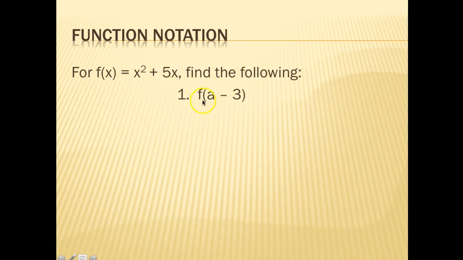So let's find the following. What if we substitute an expression, a minus 3, in for x? So f of (a minus 3) equals (a minus 3) squared plus 5 times (a minus 3).